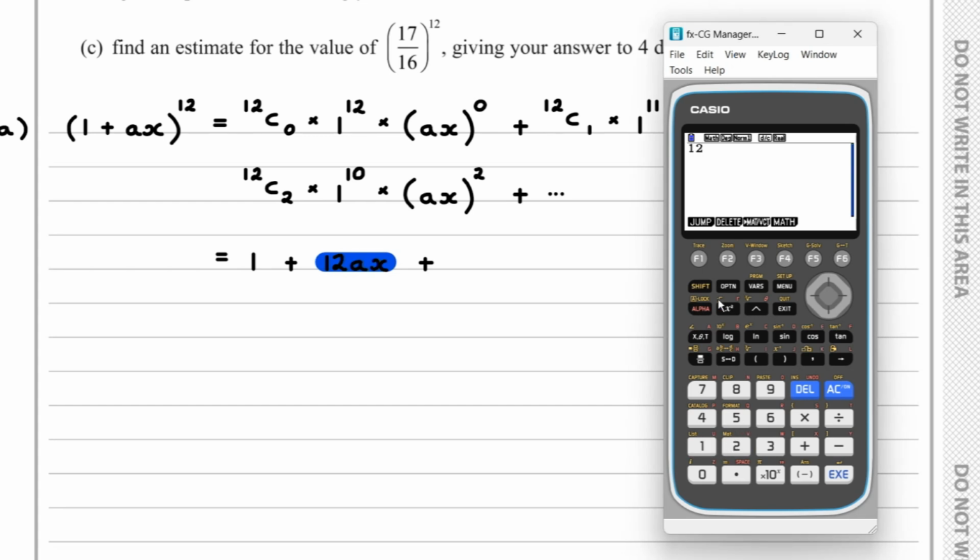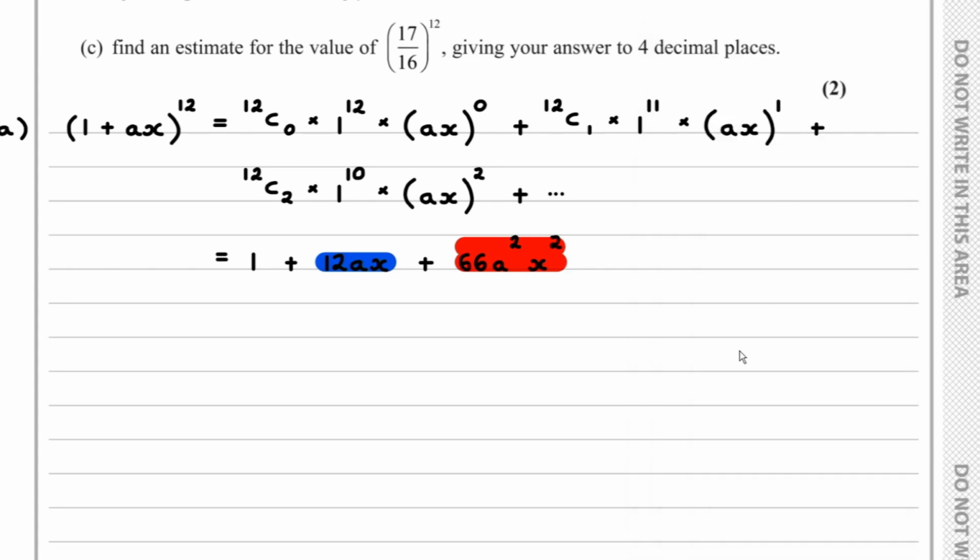If we go to options, then probability, we have the nCr function, so 12 choose 2 is 66, so we add on 66a squared x squared, and notice ax all squared is a squared x squared, and then we add on the higher order terms.